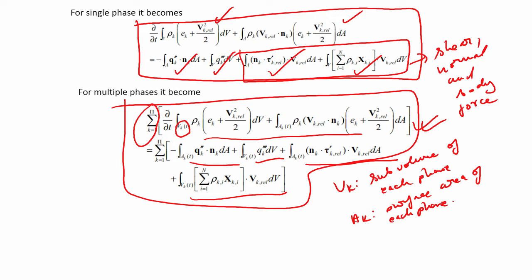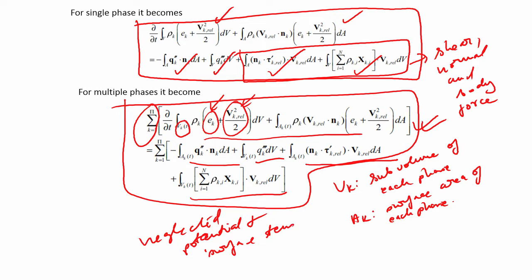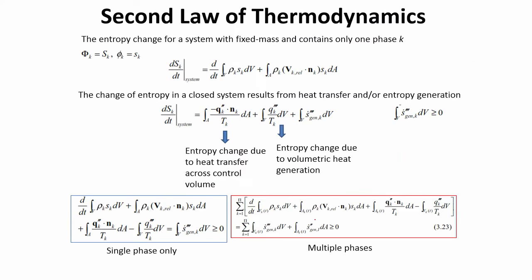And this energy is the sum of the kinetic energy component and the internal energy component. Here we have of course neglected potential energy plus any surface tension related component.